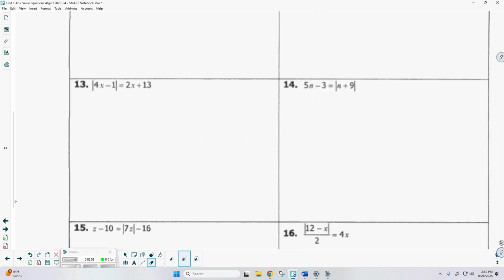We've got the absolute value of 4x minus 1 equals 2x plus 13. What's different about this one? Yeah, we've got a variable inside and outside the bars. It doesn't change anything. First off, are the bars isolated? Yep, there is nothing outside them to change. All right. So I'm going to go ahead and create my first equation. What would that be?